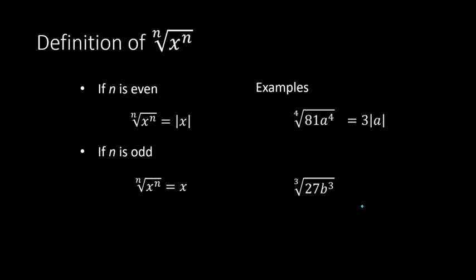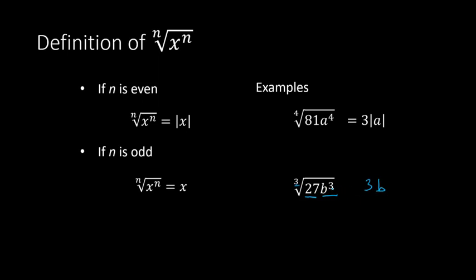And then for this second example, if we had the cube root of 27 times b to the third power, the cube root of 27 would be 3, because 3 cubed is 27. And then here we have b cubed, and we're taking the cube root of that. So if the exponent and the index are the same, that will cancel out. You're left with just the b.